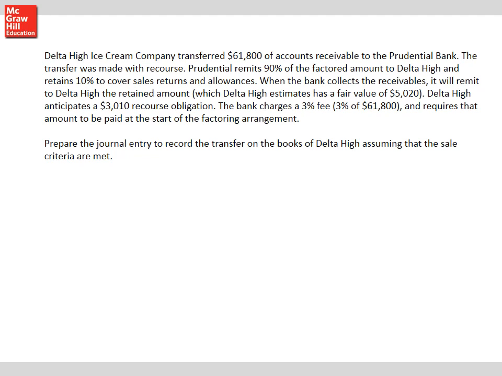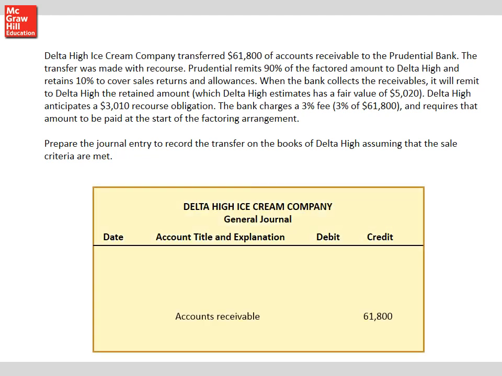The bank charges a fee of 3% and requires that amount to be paid at the start of the factoring arrangement. So let's see what happens. Accounts receivable credited at Delta, $61,800. Cash debited, $53,766.